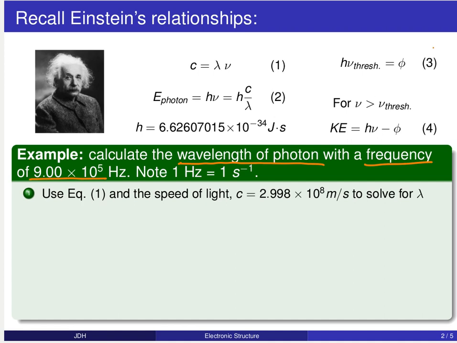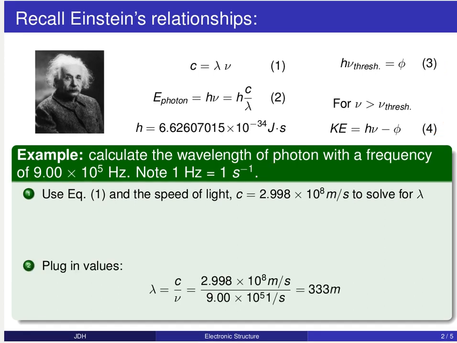Okay, so we've got a little equation bank up here, and basically what we need to do is look at this equation bank and figure out which equations allow us to figure out that wavelength given the frequency. And then of course, once we figure out which equation, in this case it'll be equation 1, which allows us to get the correct formulation, then we can plug in our values.